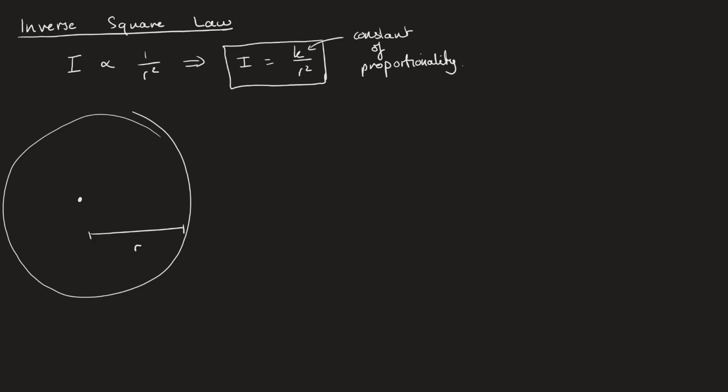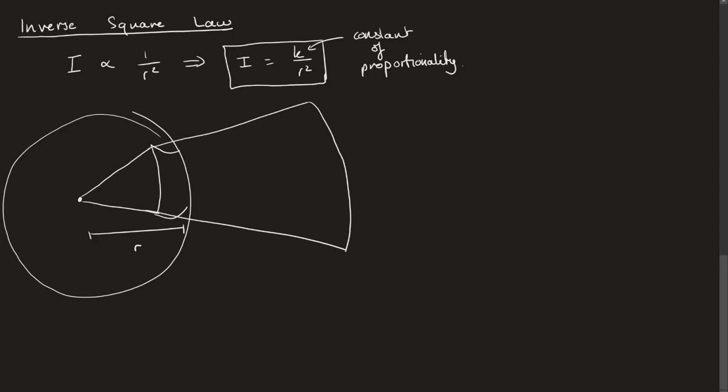If I were to just take one single slice of the surface of this circle here, so the radiation has now traveled this distance r to get to the surface. If I were to then double this distance and say that I'm actually going to go further, I'm going to have a bigger circle, and actually what we find is that I could fit in 4 of these smaller circles.